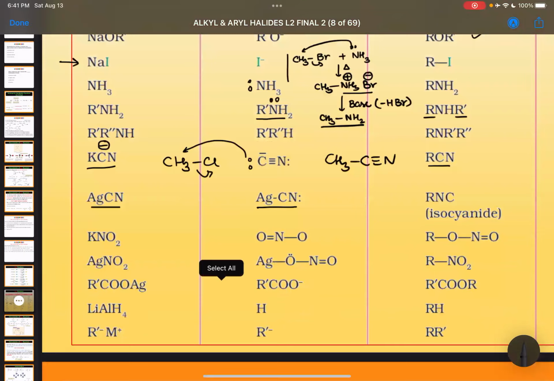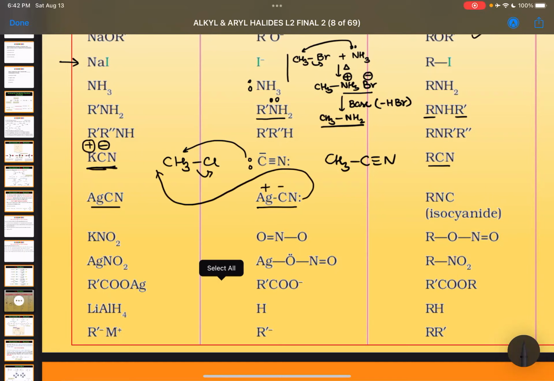The N attacks instead of C. Why? What is the reason? Because the carbon is already bonded with the Ag group, and N is the only free site there which can easily attack compared to carbon. So why is the carbon not attacking in this case?